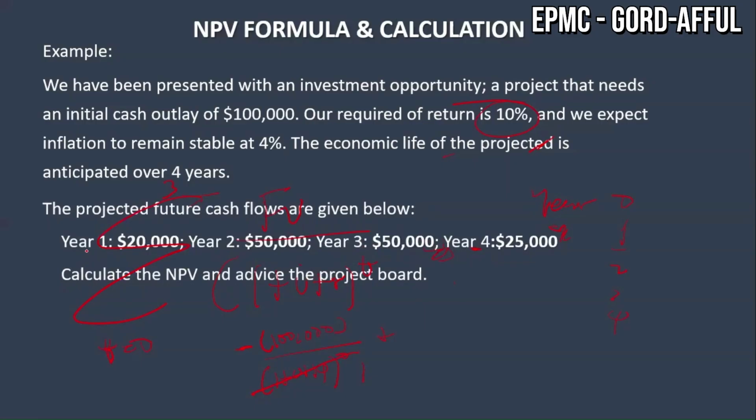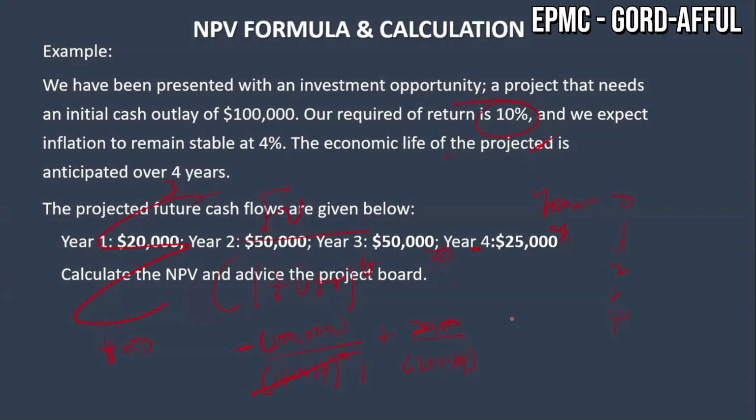It says, because we are working the NPV, working out the NPV. So year one is 20,000. So we'll do 20,000 over 1 plus 0.14 raised to the power 1. You could simplify this. What is 1 plus 0.14?